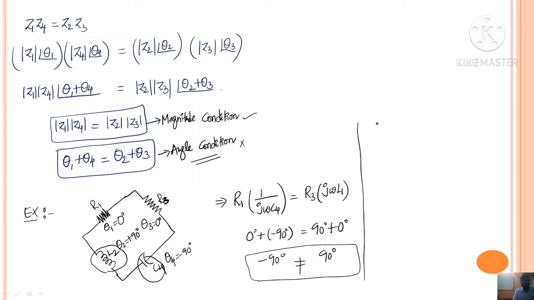Okay, so this bridge can never be balanced. Why?